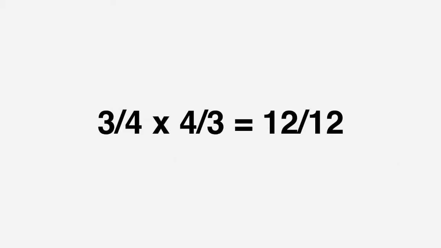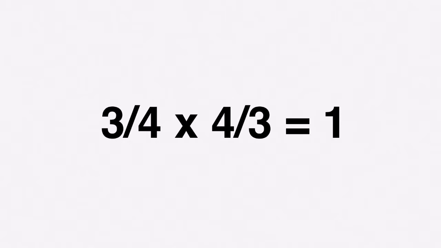So if I have 12/12, I'm really saying that I have chosen 12 pieces out of 12 that make a whole. So really, I've chosen the whole thing. And we call the whole thing, if there's one of them, 1. One whole thing. So 3/4 times 4/3 is 12/12, which is equal to 1 whole.